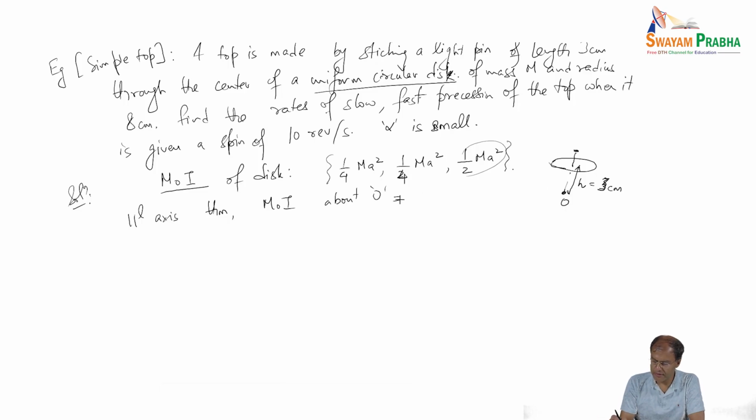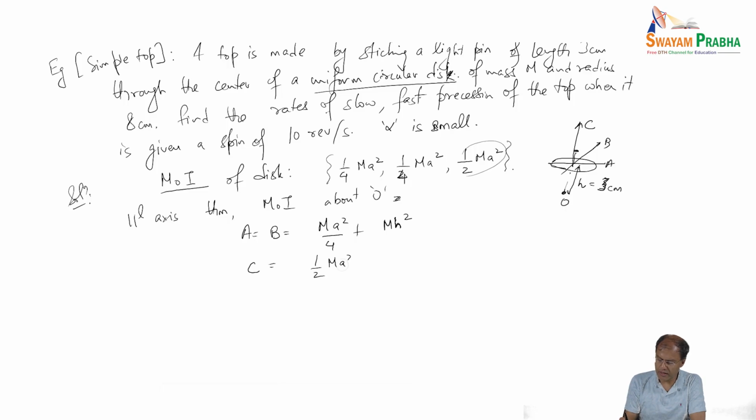So we have the moments of inertia about the diameters as A and B, and about the perpendicular to the diameter as C. So we have A is equal to B is equal to ma square by 4 plus mh square, right? And this is the first result, and the second result is C will be half ma square plus mh square.